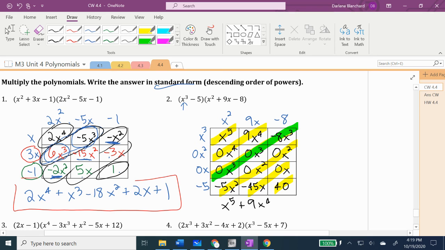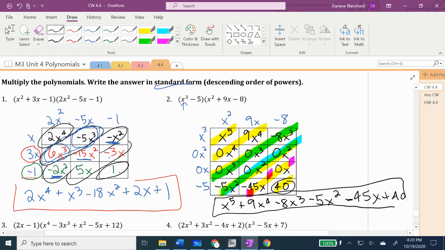And then minus 8x cubed. Next is negative 5x squared. And then negative 45x. And lastly, plus 40. And you have that all added together and already in standard form.